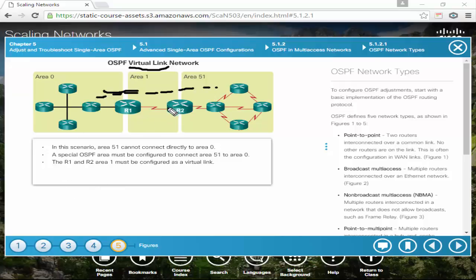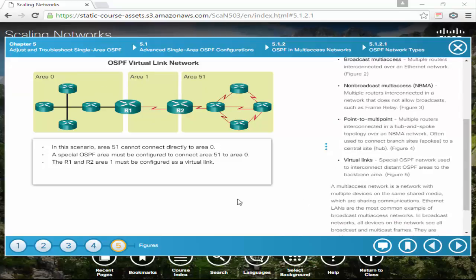It would be like a company next door that shares a service provider cloud with us, or we've gotten connected somehow, so they're on this area, and it's just a temporary thing. It says, form a VL, a virtual link, through here, and what that says is, to get to the backbone area, go through area 1. It is only a temporary solution used for short times, so that's a virtual link.